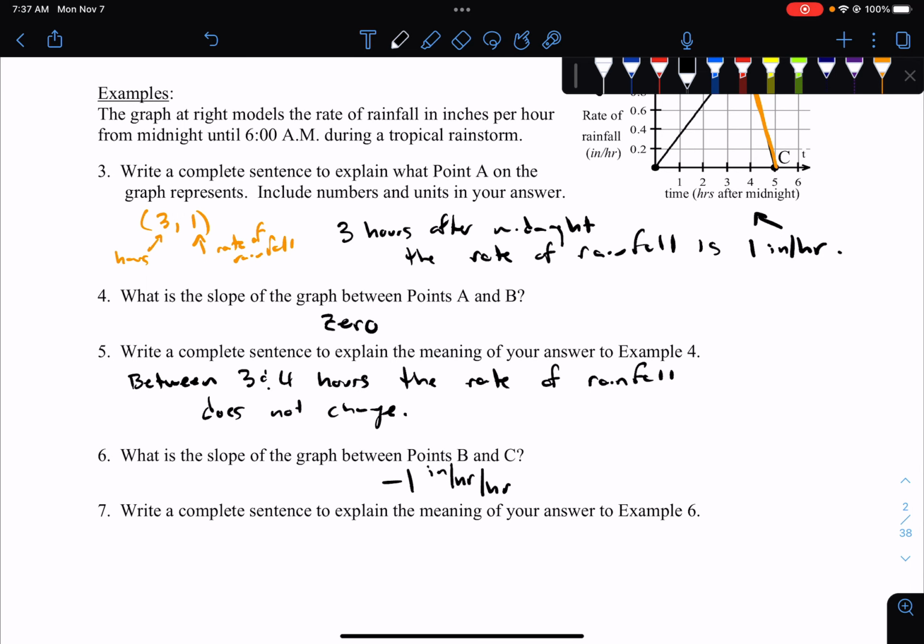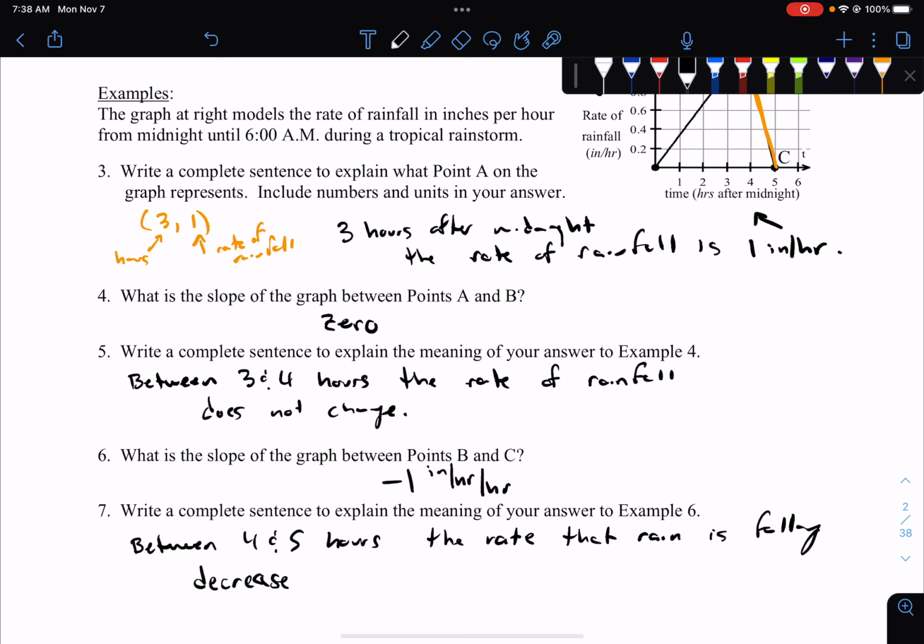Write a complete sentence to explain the meaning of your answer. So you could say between 4 and 5 hours, the rate that the rain is falling decreases by a rate of 1 inch per hour squared is one way you could say that.